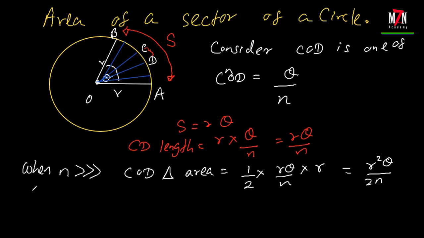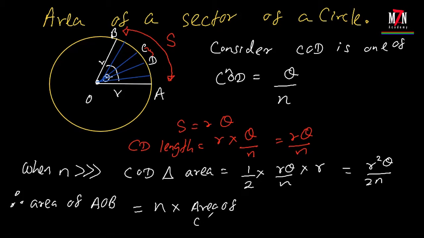Now we are going to find the area of the total AOB. Therefore, you can write area of AOB is equal to n into area of COD triangle. So that is equal to n into r squared theta over 2n.